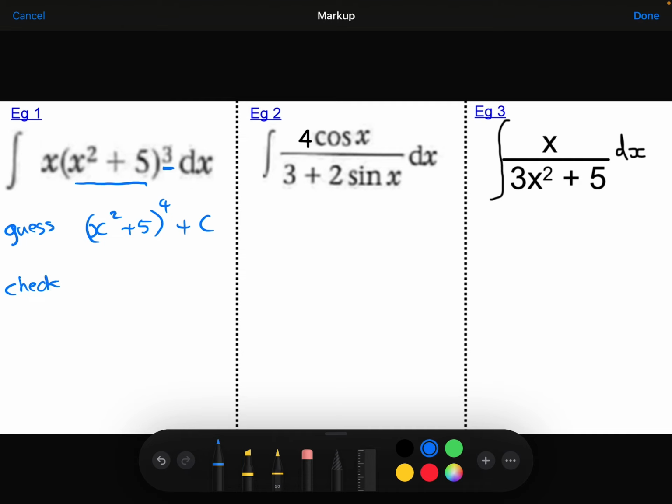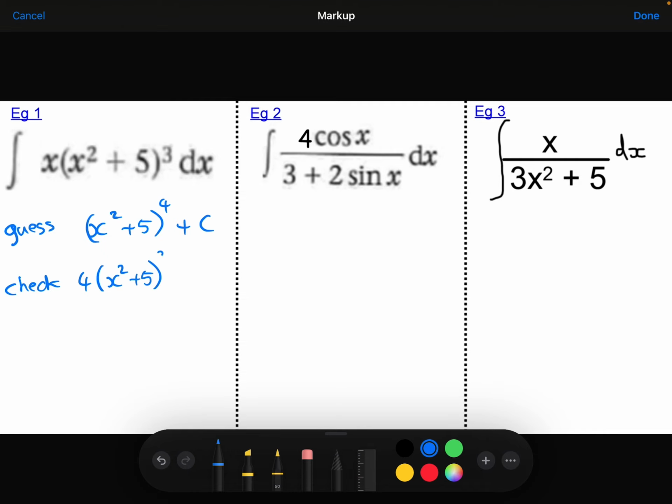If it does work, if I have managed to magically guess this perfectly on the first go, then when I differentiate it, I should get back to the integral I started with. Well, let's see. Let's differentiate this. So first, I would multiply by the power. So I'm going to times by 4.